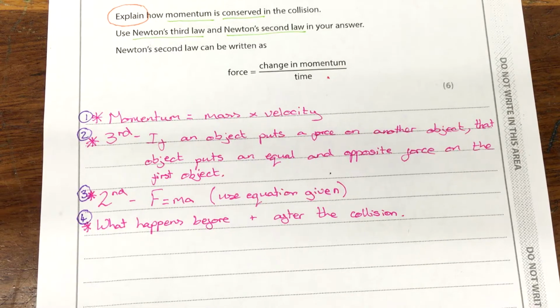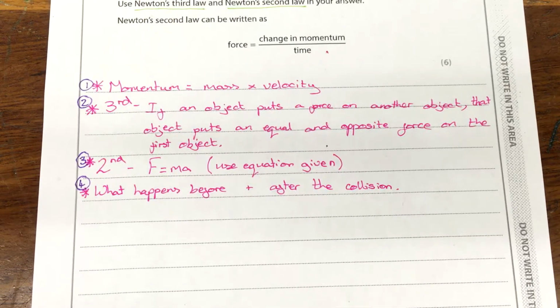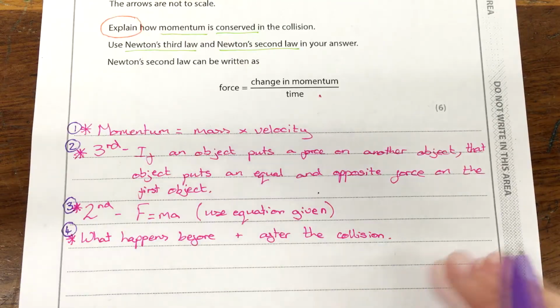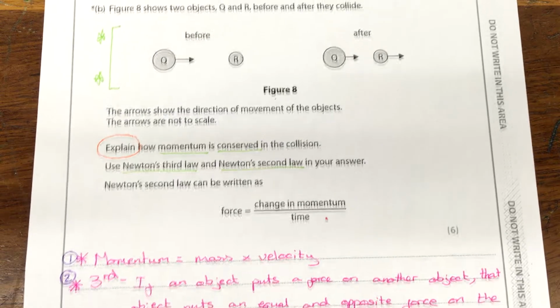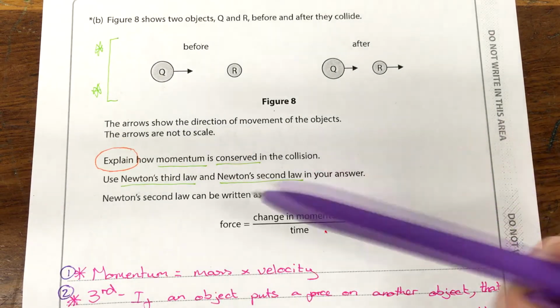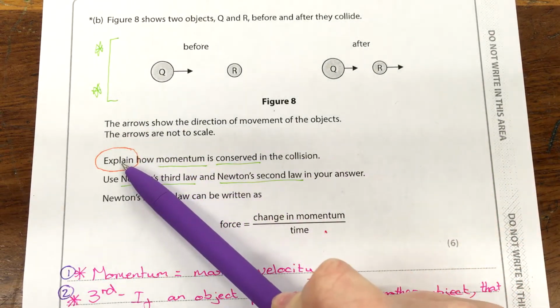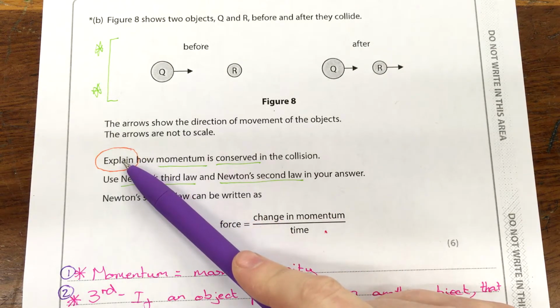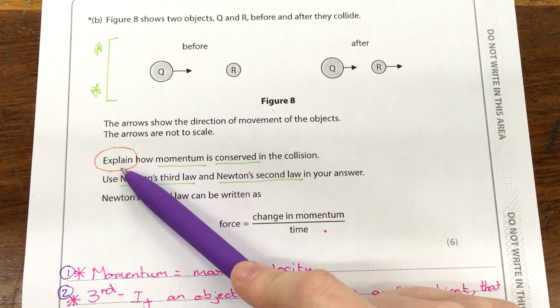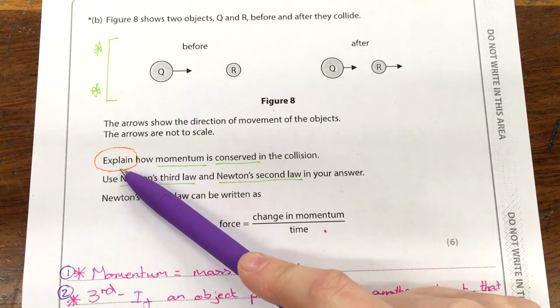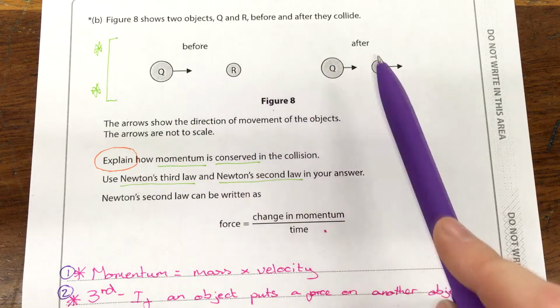Okay, so now I've thought about my structure. I've got an idea of what I'm going to do. So I need to make sure, have I actually accounted for every single part of the question? So we're going to go back up to this and have a look. So have I actually explained it? I'm not going to just describe, I need to make sure I'm explaining. So I'm not just saying, well, momentum is conserved before and after a collision.